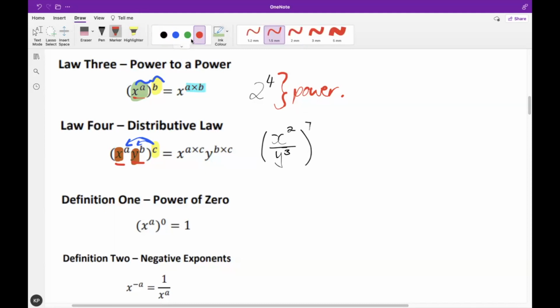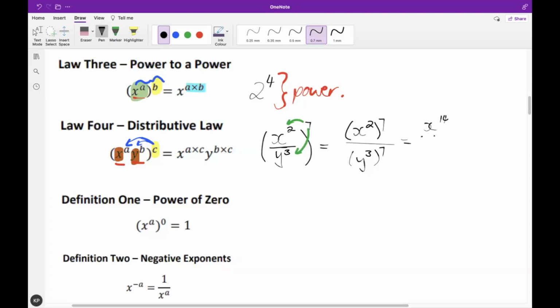What that means is that you will take your power of 7 and distribute it to the x and to the y, which will give you x squared to the power of 7 over y cubed to the power of 7. All right, and then you apply law 3, which says you multiply these. So it's x to the power of 14 over y to the power of 21.